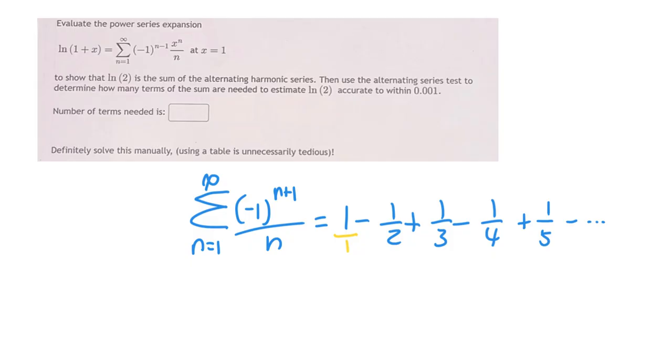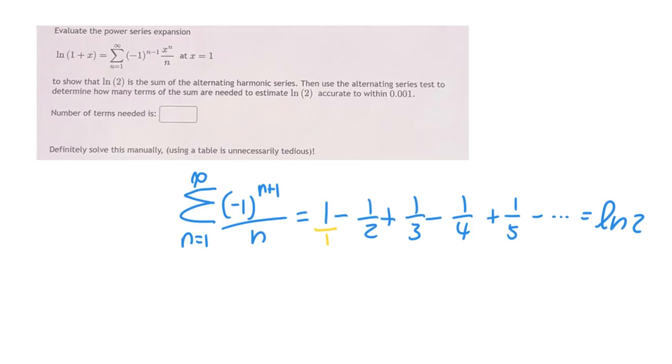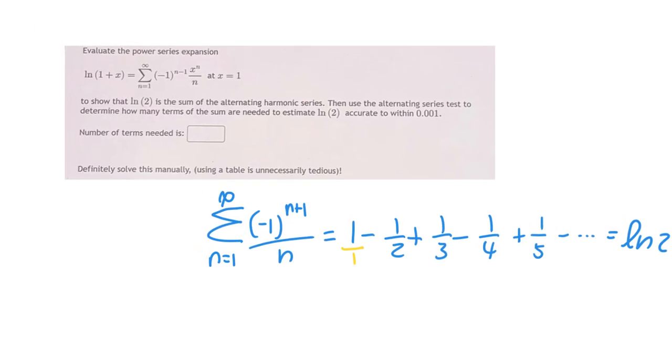So that is true. And it's also the case that at some point it's taught that that equals ln of 2. Okay, now I think we can see that's specifically what they're asking about. They want us to evaluate this at x equals 1, which would be to turn this into ln of 2, right?